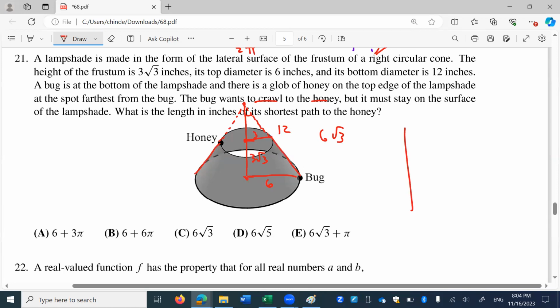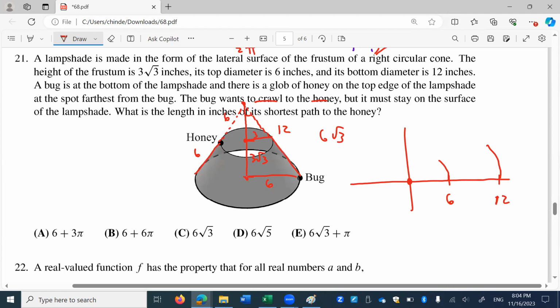So if I unroll it and put the vertex onto the origin, the honey is here, distance 6 from the vertex, and the bottom edge is here, distance 12. We're going to have some kind of annular region. The lampshade itself is going to be this region between 6 and 12 with some angle.